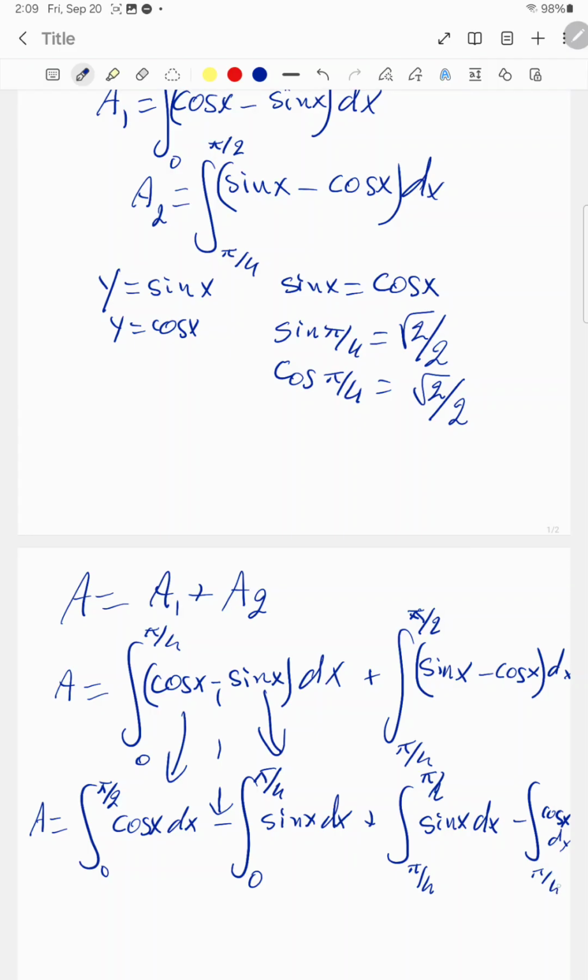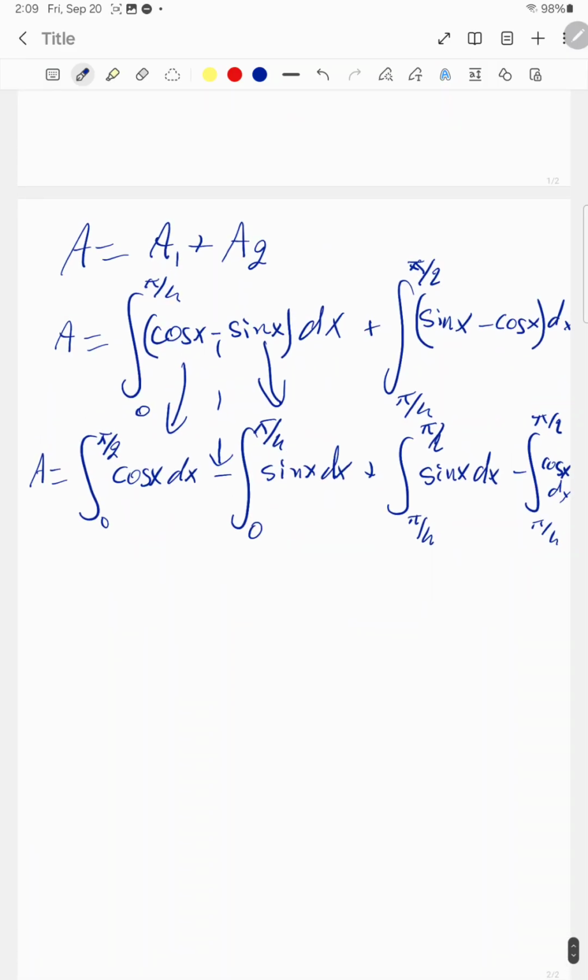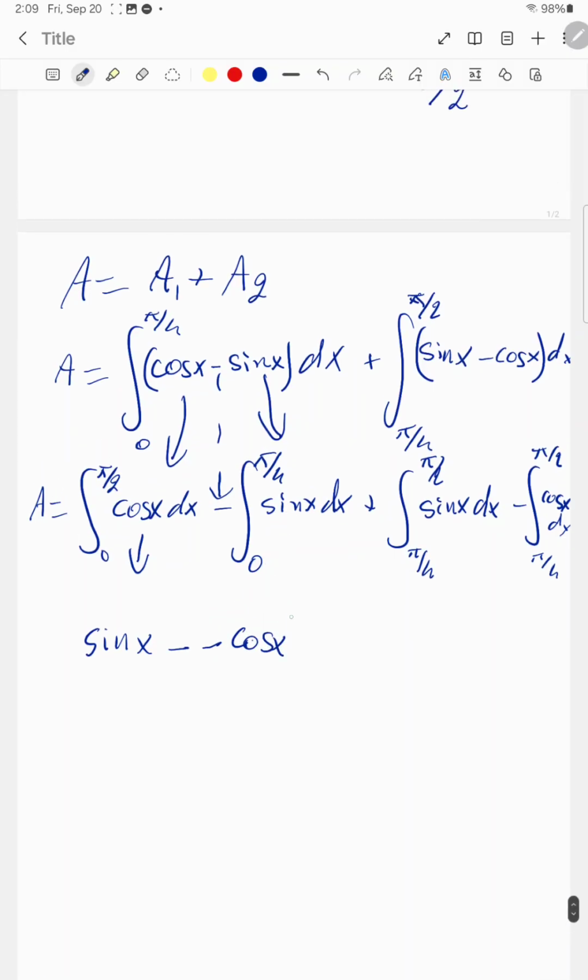I know that the integral of cosine x is sine x, because the derivative of sine x is cosine x. So that one becomes sine x minus, and the integral of sine x is minus cosine x. And this is between 0 and pi over 4.